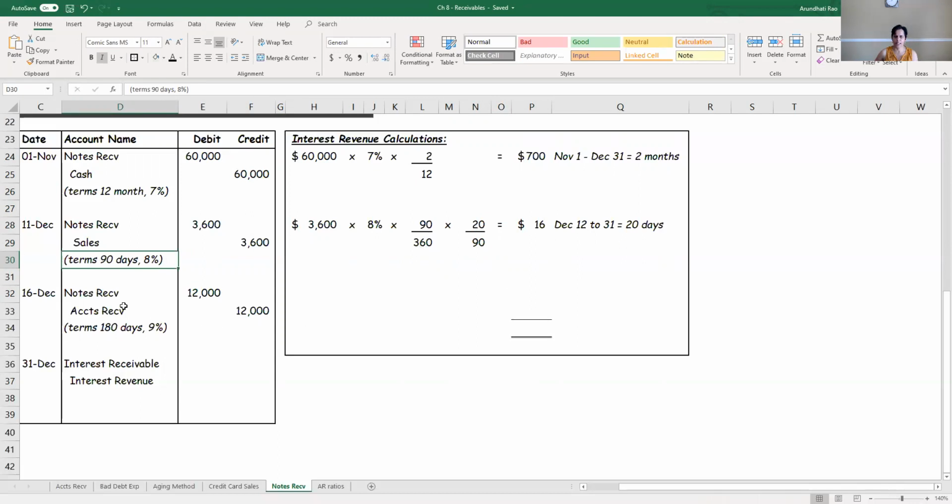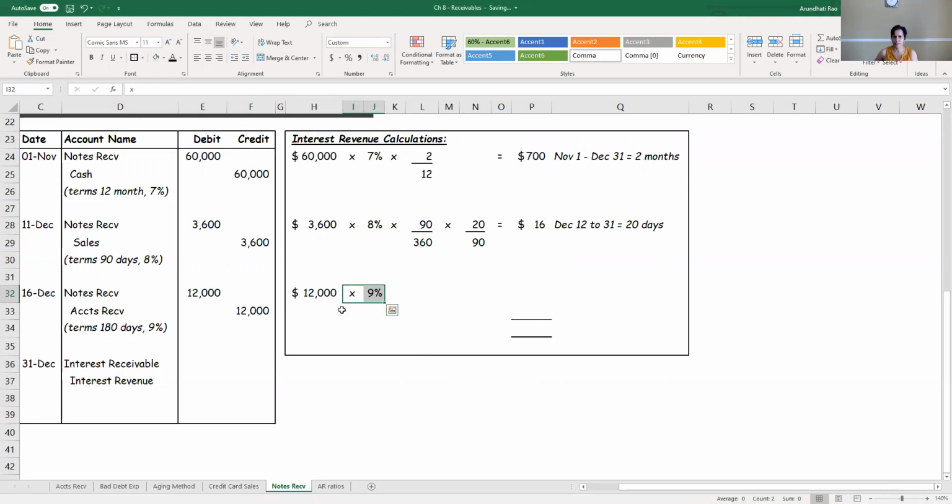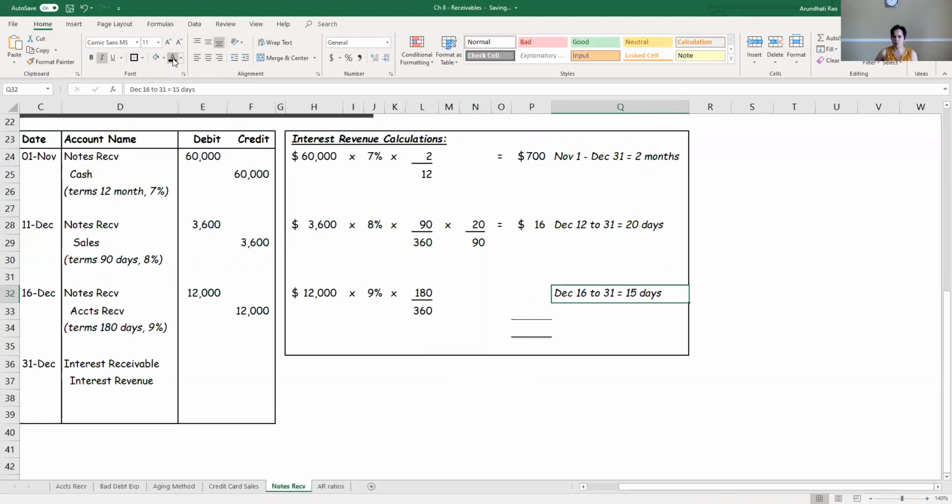Now we use the exact same logic for the last note. We have $12,000, 9%. We have 180 days, so it's multiplied by 180 over 360 for the full interest, but the full period has obviously not passed. So how many days have passed? 16 through the 31st.